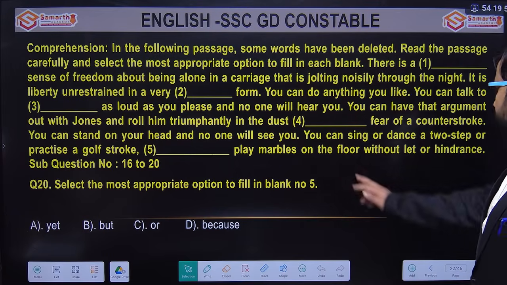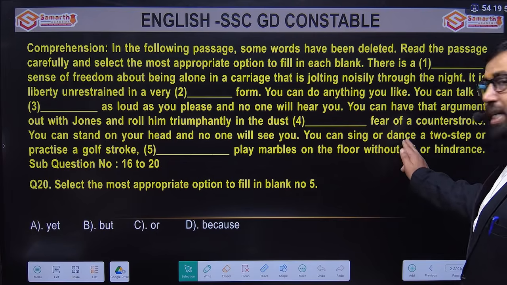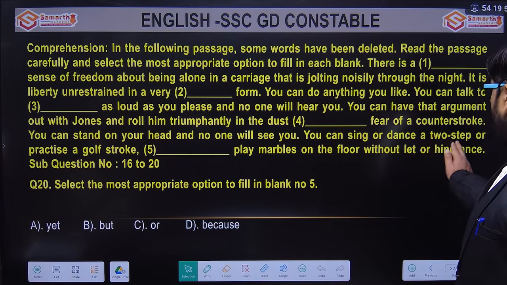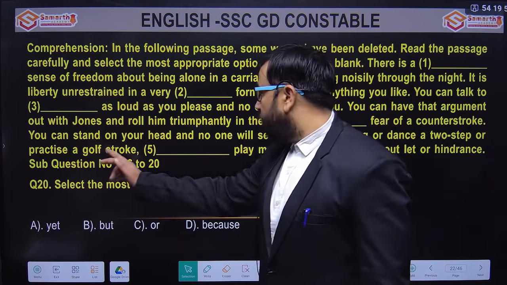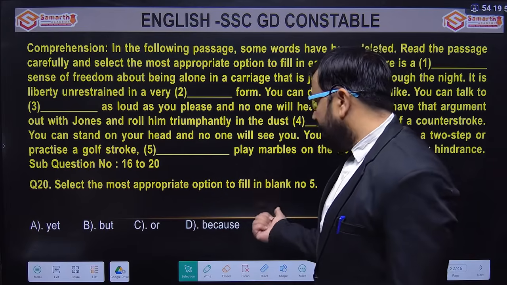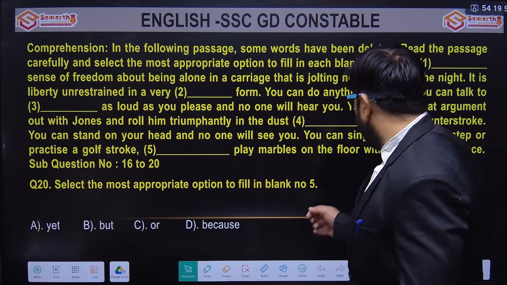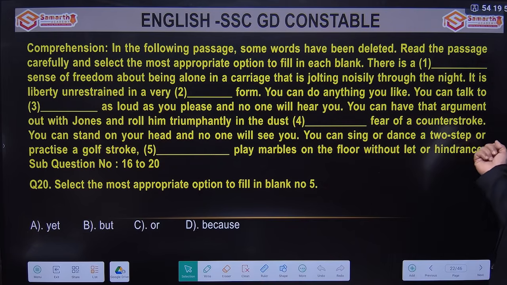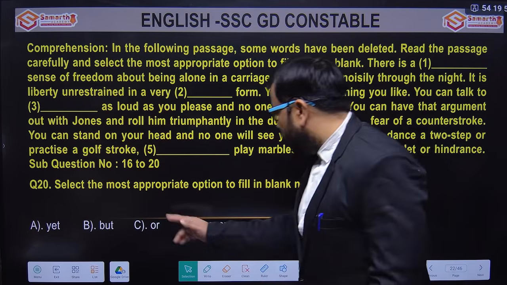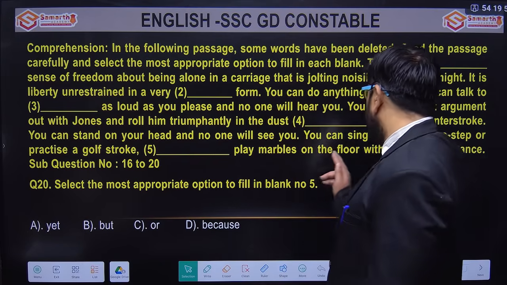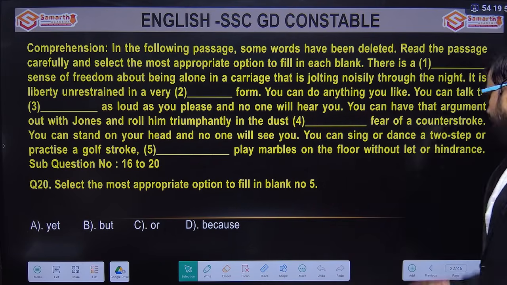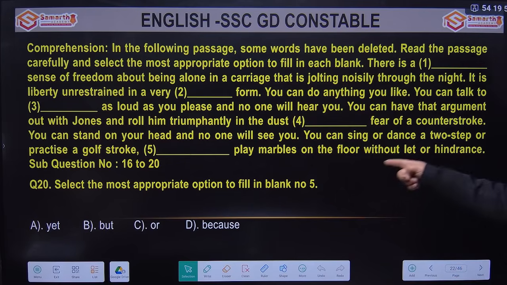Just look at this sentence: you can sing or dance a two-step or practice a golf stroke or play marbles. The sentence is giving us different options, and the word or has been used repeatedly, so here too the word or will fit. So this is the right answer.